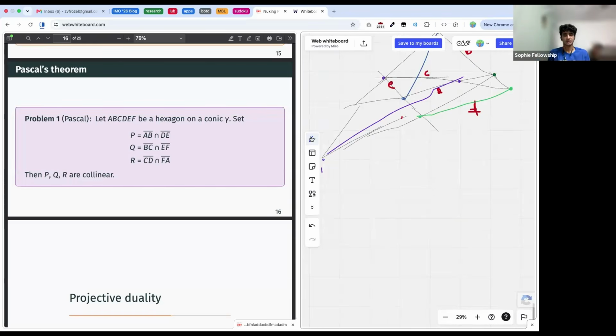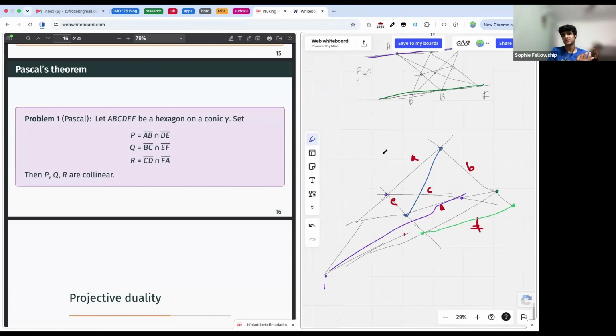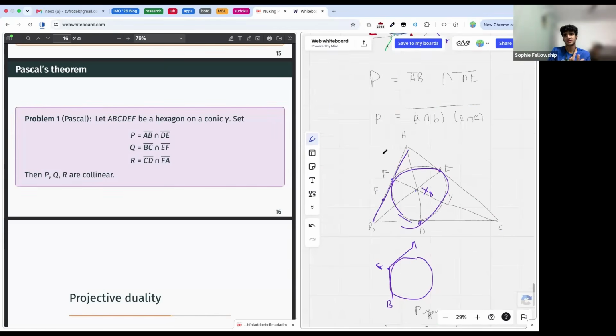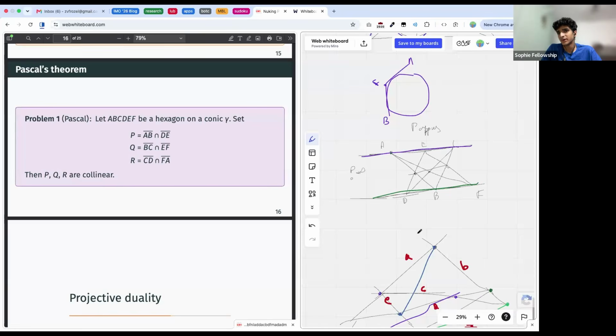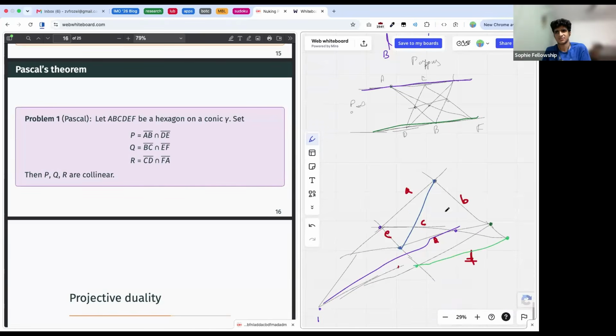So that's duality for you. When we took the dual of Pascal, it gave you this very cute theorem: if you have a hexagon with an inconic, then these three things concur. But when we did it for Pappus, we got a very weird theorem. Maybe if we draw the picture in a better way, it might turn out to be something good, but we'll never know.